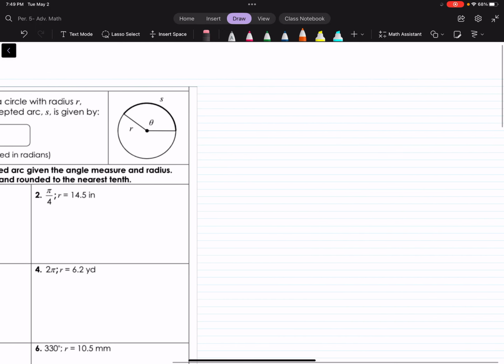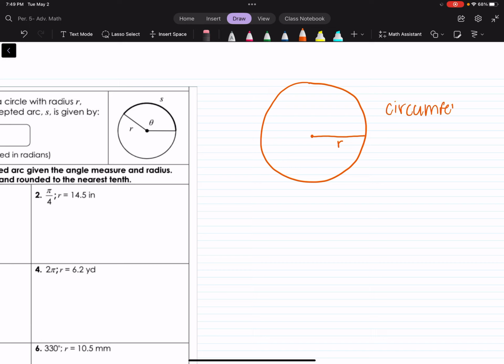To understand arc length, you first need to refresh the idea of the circumference of a circle. Let's say that we have this circle. Here's the center, and then we have a radius r. If I wanted to find the circumference of this circle, the formula is circumference is equal to 2 pi r.